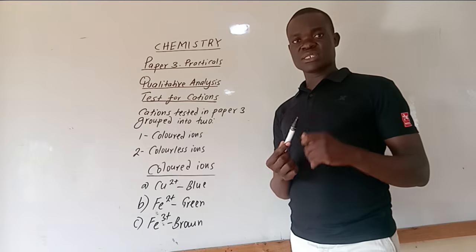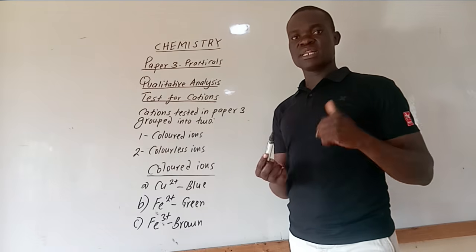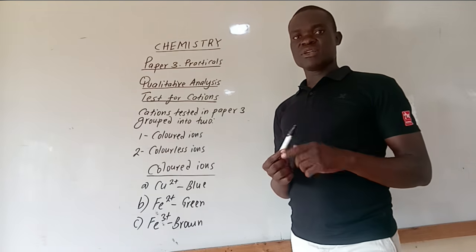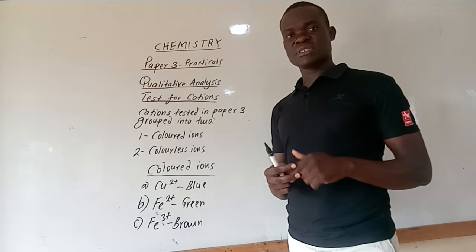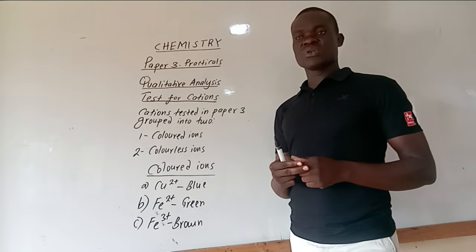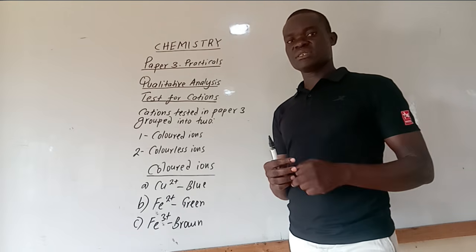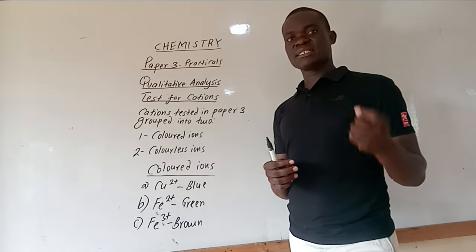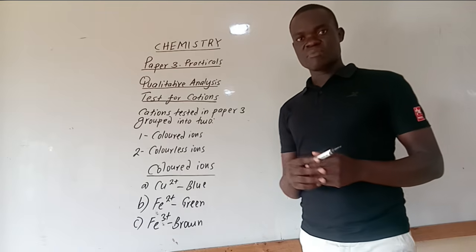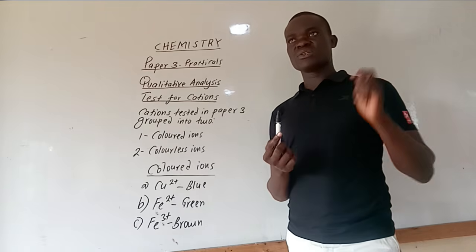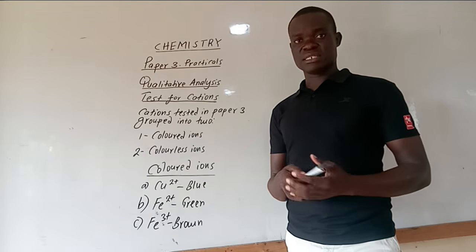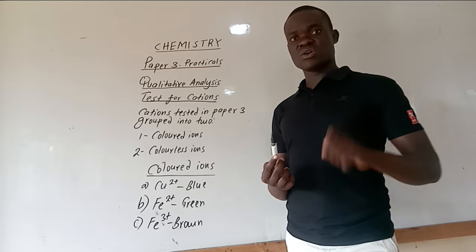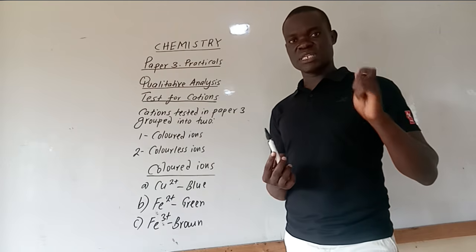When you dissolve a solid in water, you are required to observe whether the solid dissolves or is insoluble. If the solid dissolves, you must state the color of the solution. But when the solid is insoluble, you are not required to state the color.